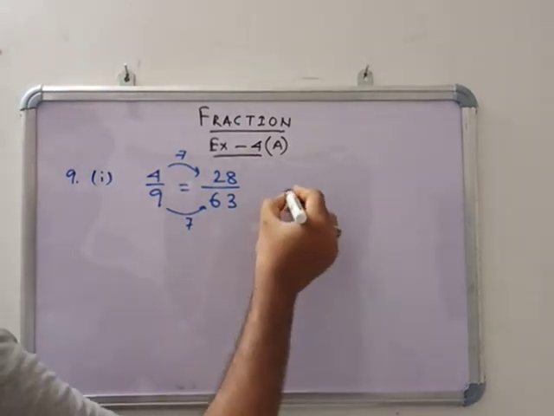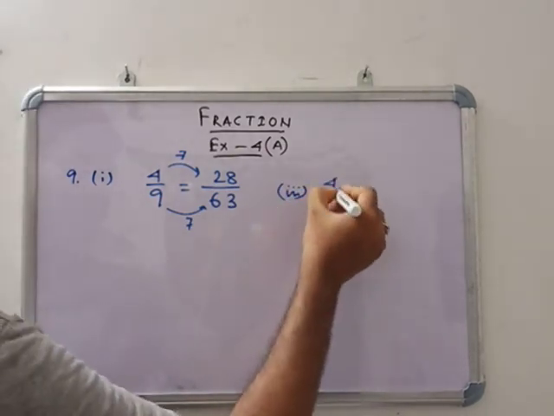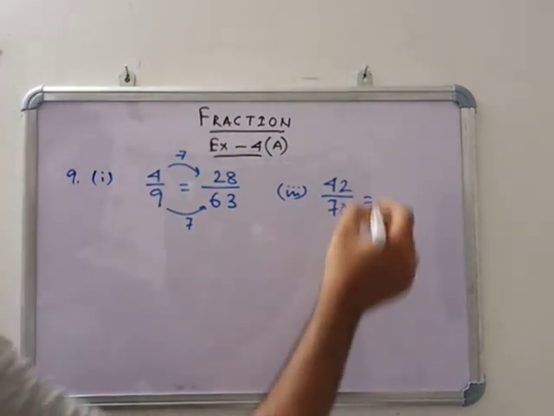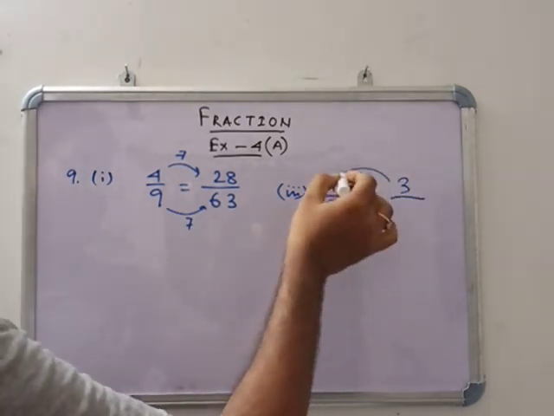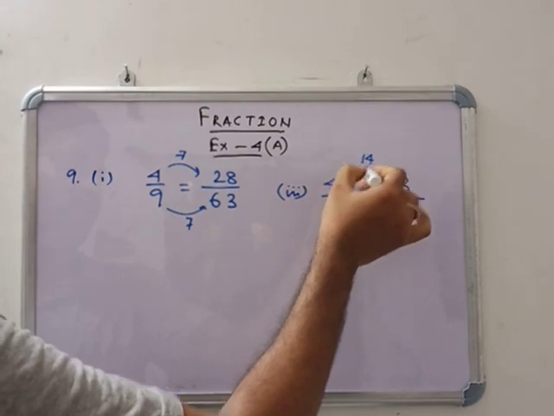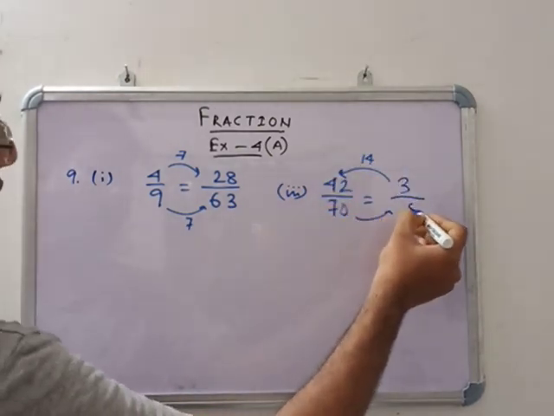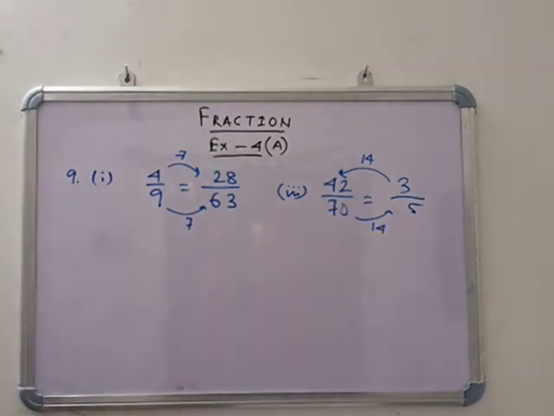Similarly, in number 3, 42 by 70 equals 3 by the missing number. So 3 into which number? 14. Right? So if we divide 42 by 70, then we get 5. 5 into 14, this is 70.